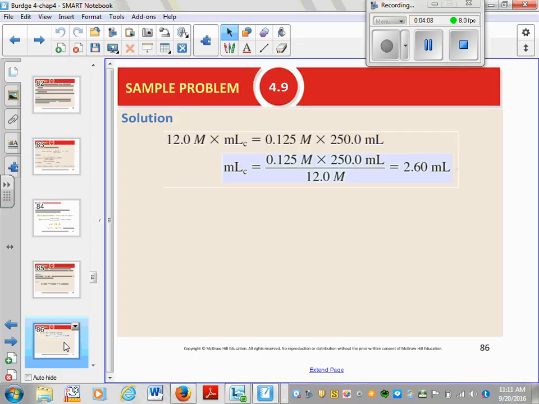So if you want to make the solution, you take your stock solution, take 2.6 milliliters, put it in some container, dilute it to 250 milliliters with water, and your final concentration would be 0.125.